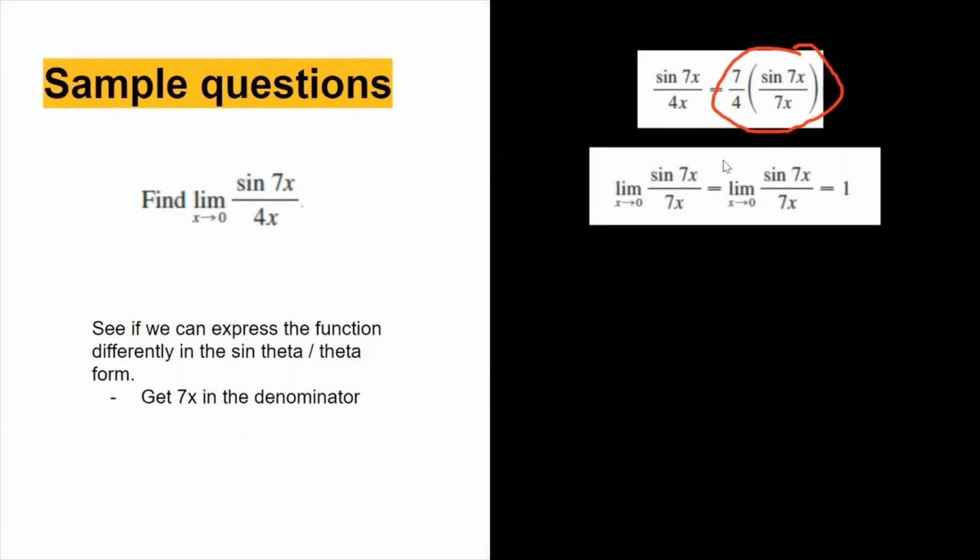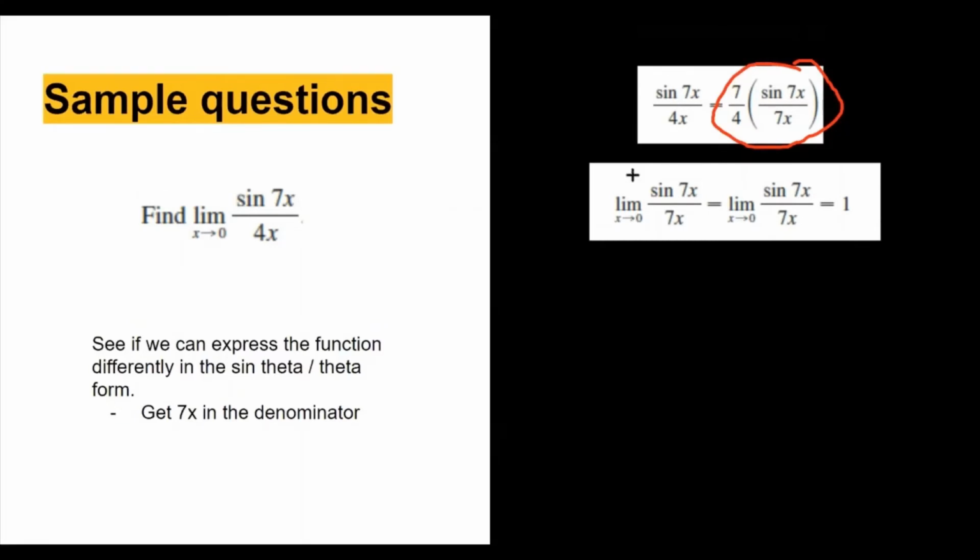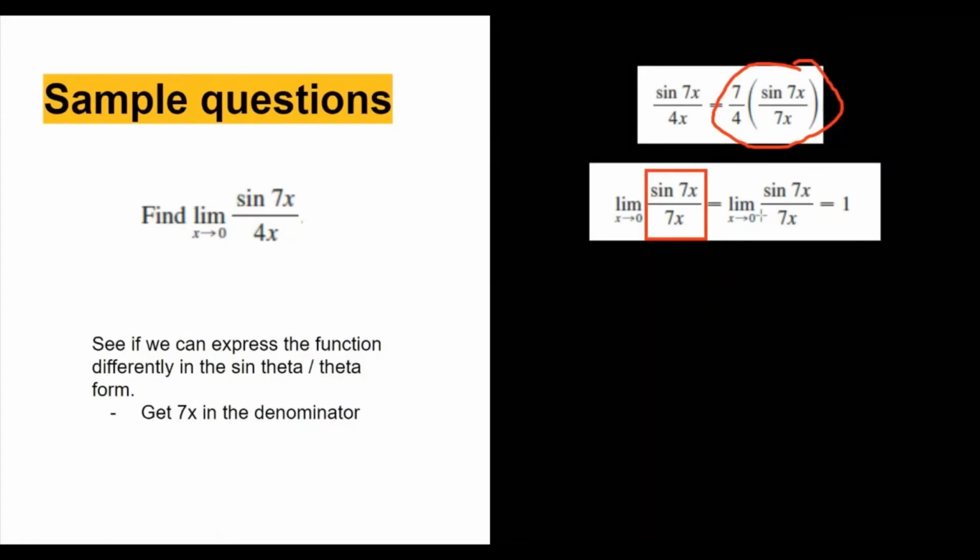Doing that, this entire part becomes 1, which, as you can see, as limit x tends to 0, the entire thing turns to 1.